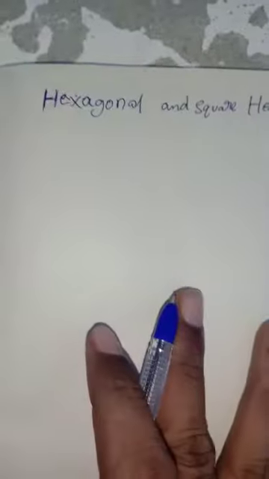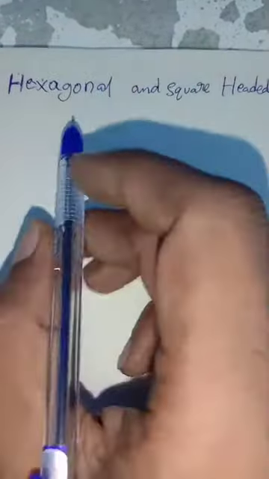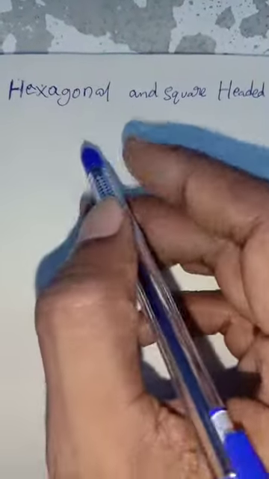Okay, now here are two views of a hexagonal headed bolt and a square headed bolt with the proportions marked.